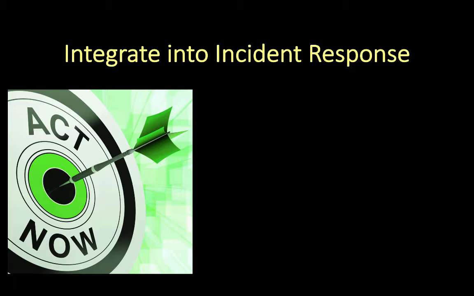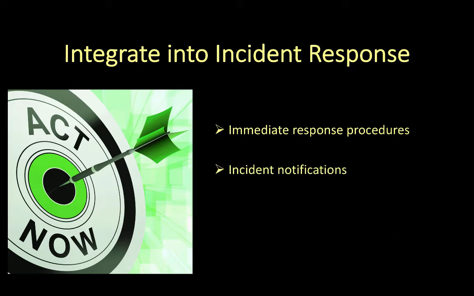The response plan should include immediate response procedures, including safety and fire procedures, fire suppression procedures, notification of appropriate emergency response agencies, etc. It should include a list of individuals who should be notified of the incident. And it should have secondary response procedures that first responders should take while waiting for the BCP team to assemble.